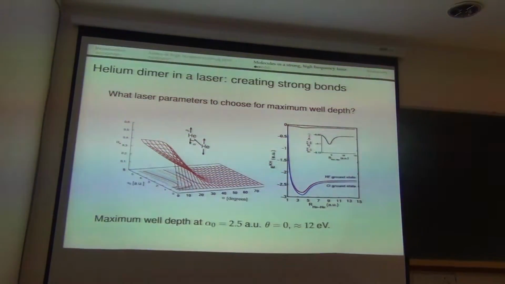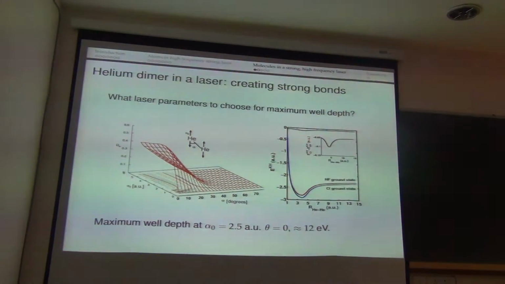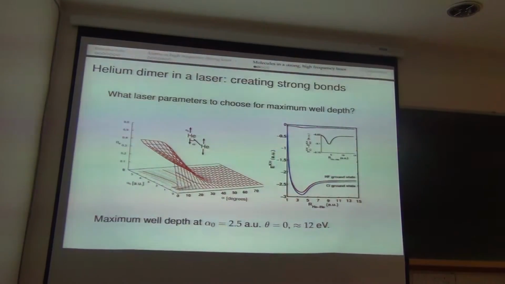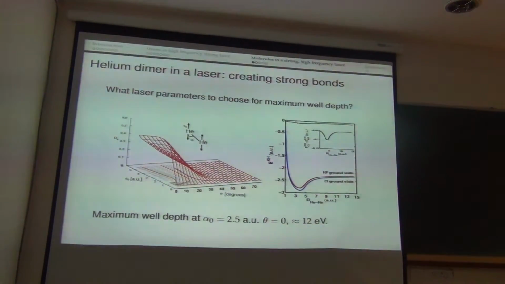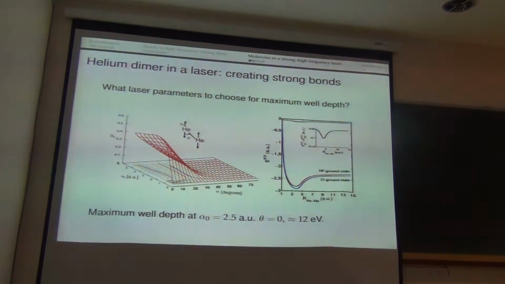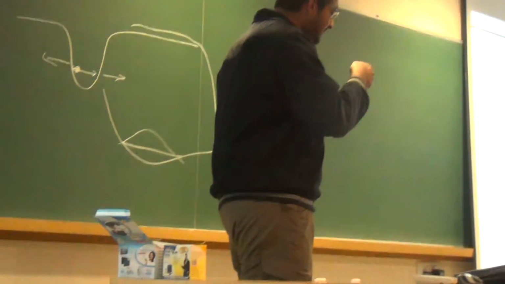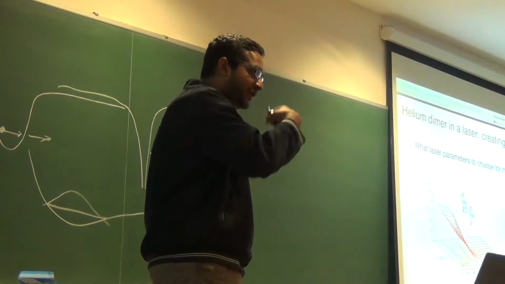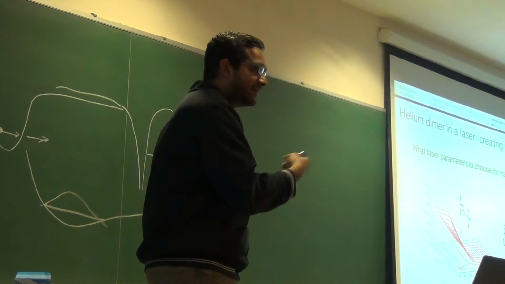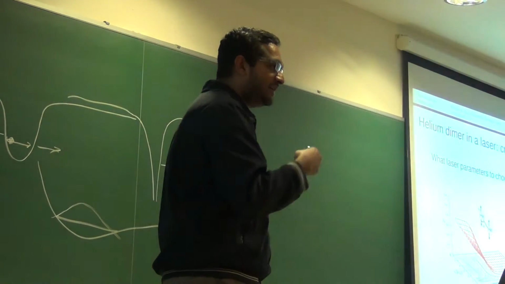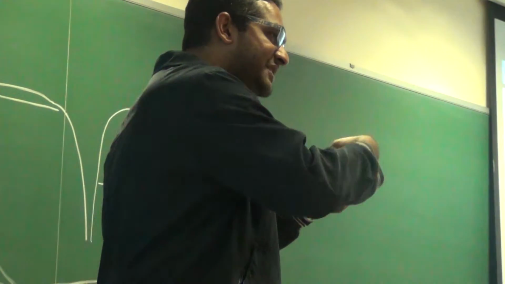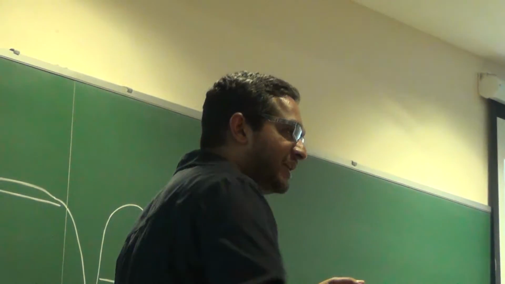So what we did next was, once you have two helium atoms, you have a laser in the z direction, right? The direction in which both the helium atoms are. Now, the helium dimer is also free to rotate with respect to the laser polarization axis, and the rotation is no longer symmetric, because there is an electric field, a one-dimensional oscillating electric field in a particular direction.